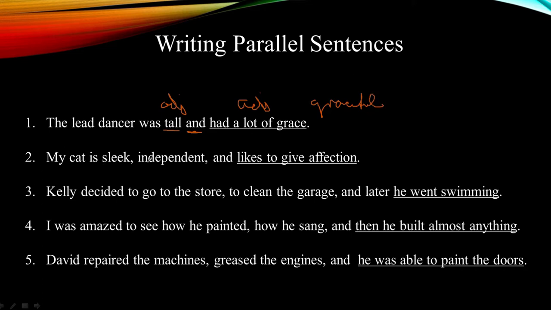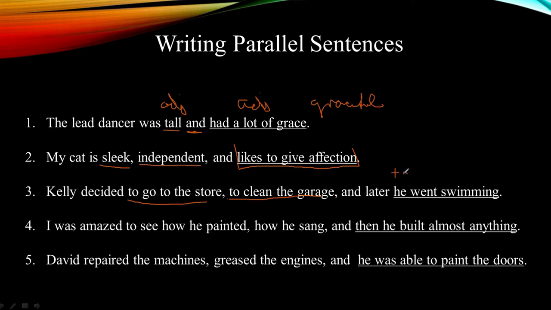Next, my cat is sleek, adjective, independent, adjective, and we have to have another adjective. So you have to take this entire phrase right here and turn it into one word, an adjective. And of course that would be affectionate. Kelly decided to go to the store to clean the garage. We have an infinitive here, an infinitive there, and this next one has to be an infinitive phrase.